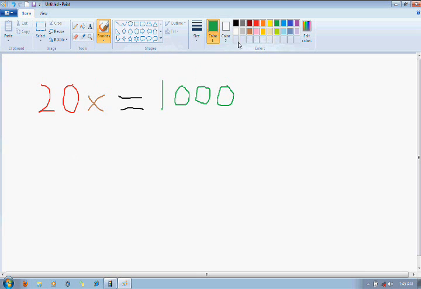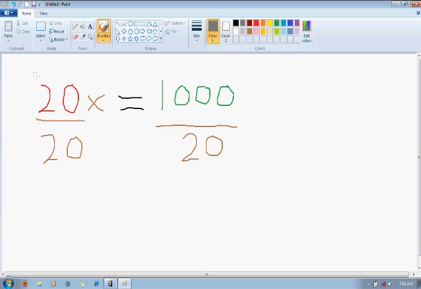So let's say 20. Let's see how many boxes we have, because X is the number of boxes. Remember, 20 pairs of gloves per box, and we have a total of 1,000 gloves. So let's see if little old me can do this.